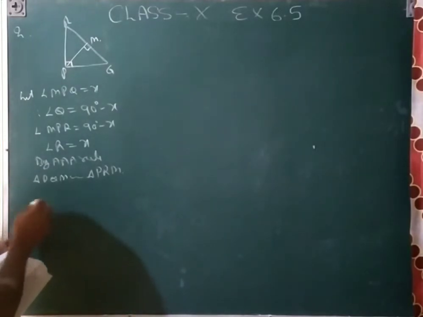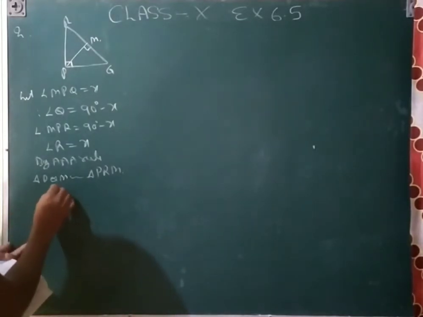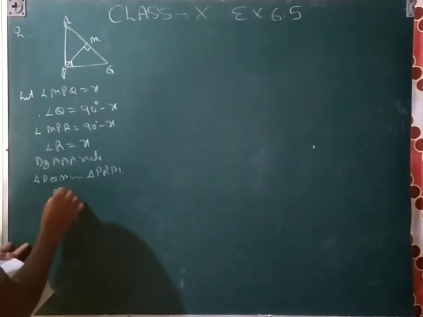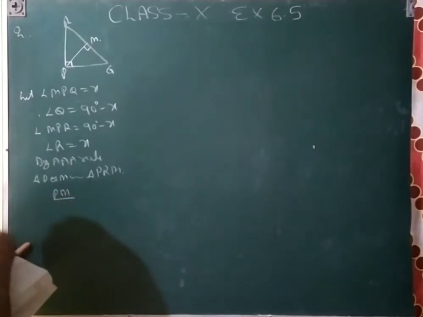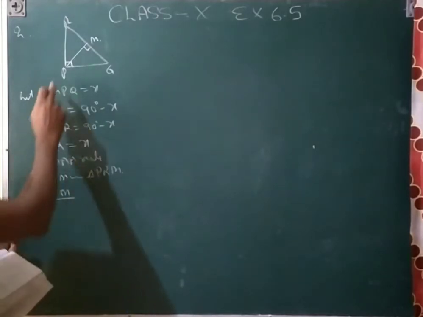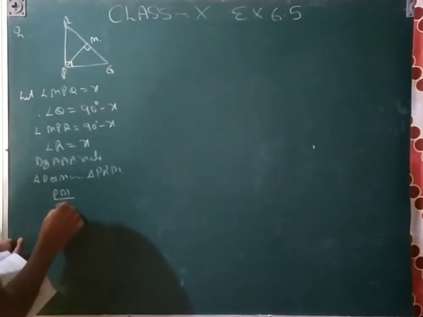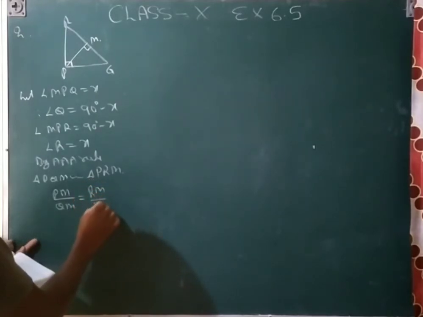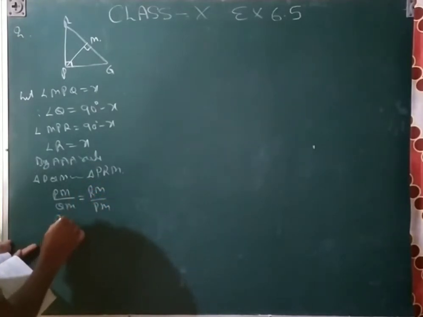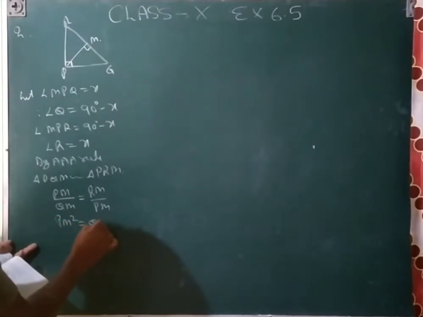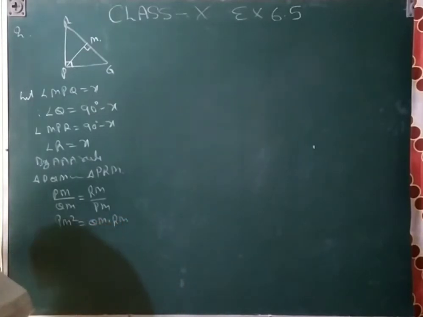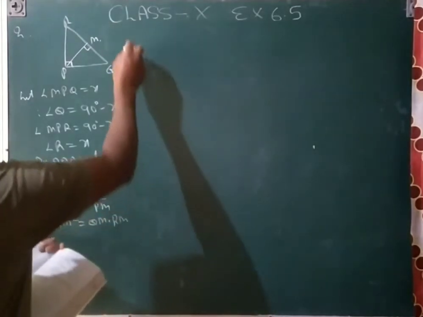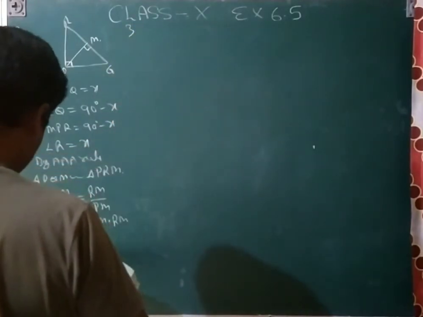First of all we will take PM upon QM is equal to RM upon PM for both triangles. So by cross multiplication, PM square is equal to QM multiplied by RM. Hence proved.